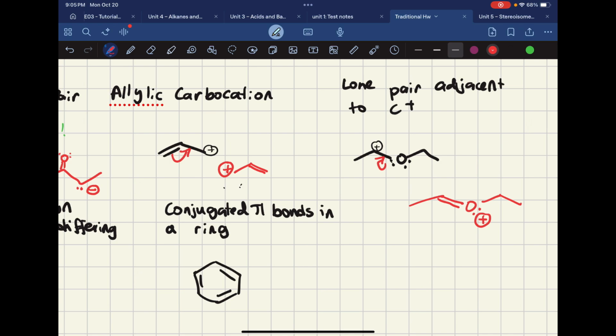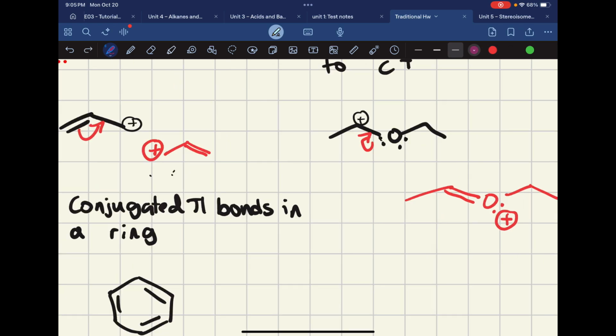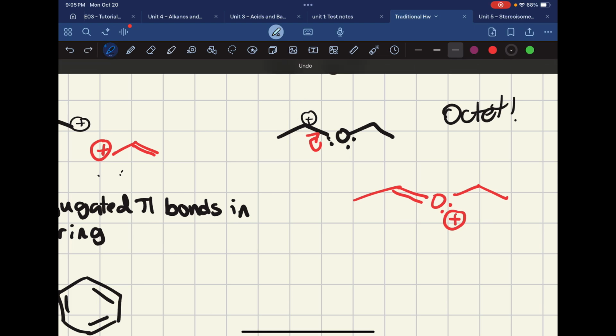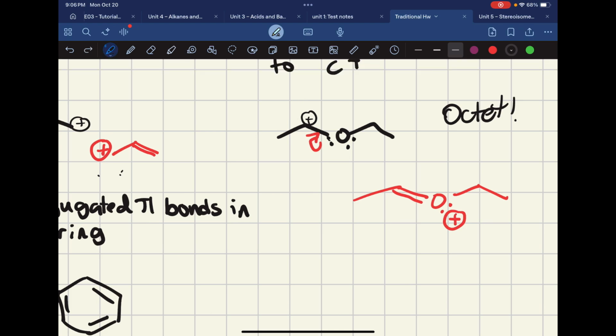Now, if I asked you which one of these structures is more stable, what would you tell me? What would be the more stable resonance structure? To assess the stability of a resonance structure, or the major contributor, the first thing we look for is octet. So which one of these actually has a full octet? This carbon over here doesn't have a full octet because if it's positive, that means it's missing one bond. So it only has one more bond to hydrogen, right?